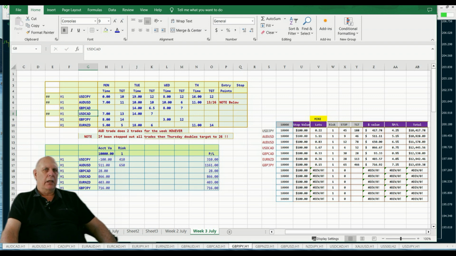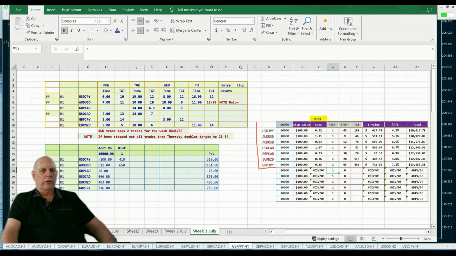If we have a look here on our sheet, I don't know whether that's working. So we come down here. These are the trades. The one stop out we had was minus 100, so that won't reflect in there. So what I might just do is put that in there.